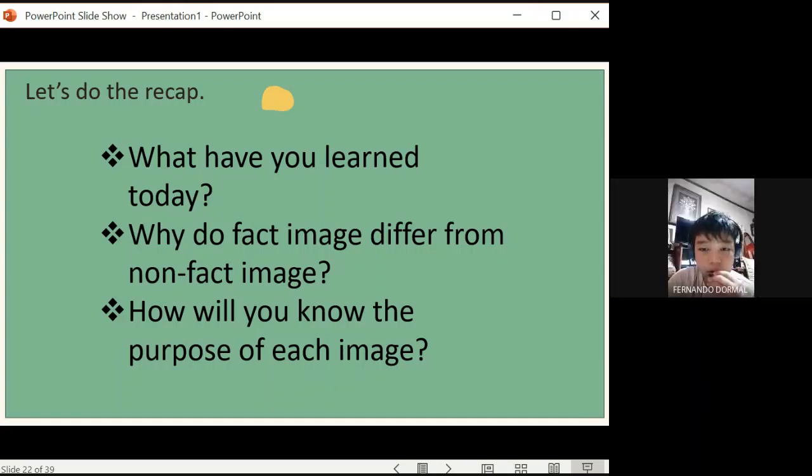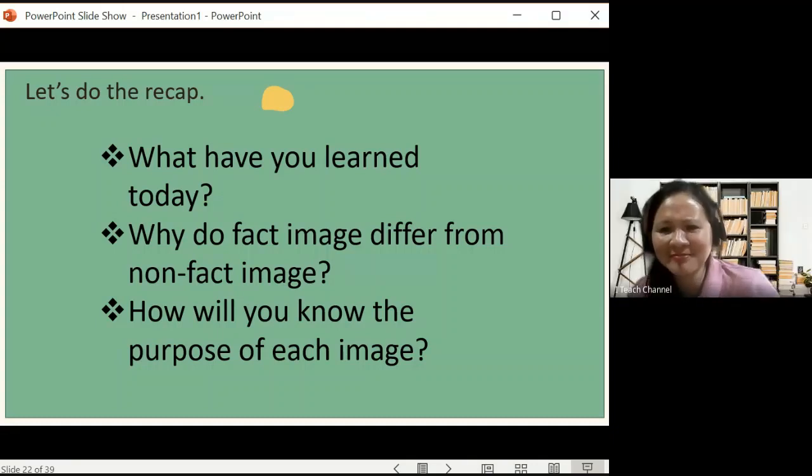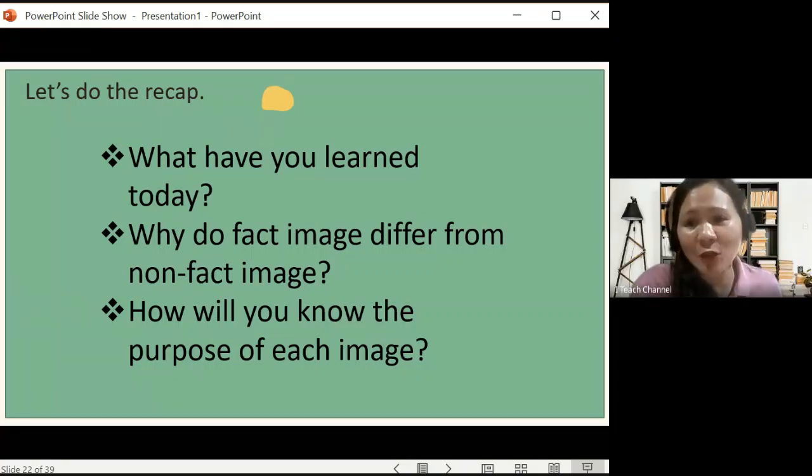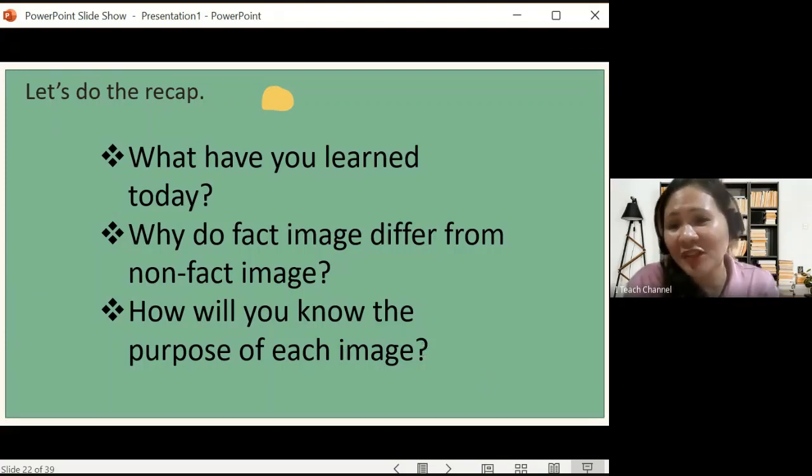To tell stories. Great job. And Brent. Okay. Ralph. To persuade. Very good. Yes, to persuade. Those are the purposes, I mean, of the fact image.